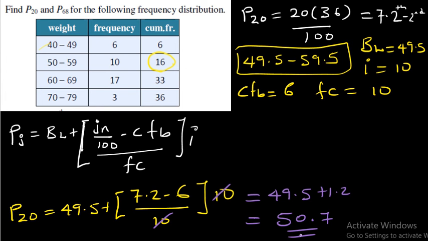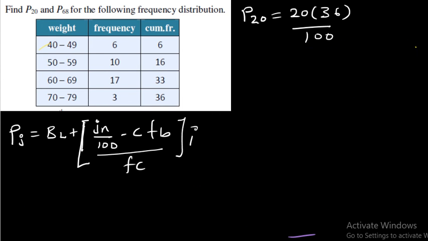Okay, good. Now let's go to the 68th percentile. First of all, let us change the subscript to 68, so this number also will be changed into 68, then multiply by 36, then divide by 100. That's 24.48, which is in the third class, because 24 is not in the second class, which contains from 6 to 16, and the third one is from 16 to 33.